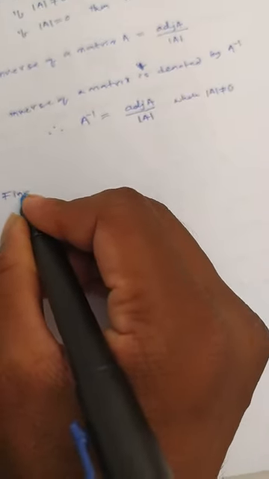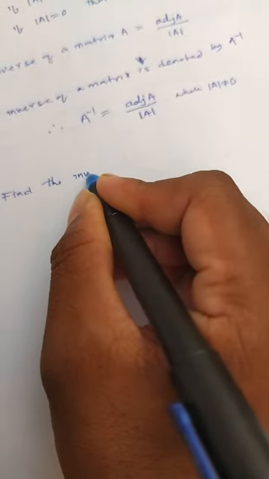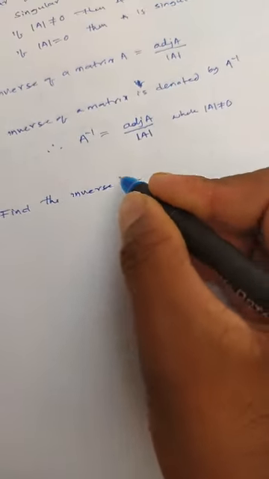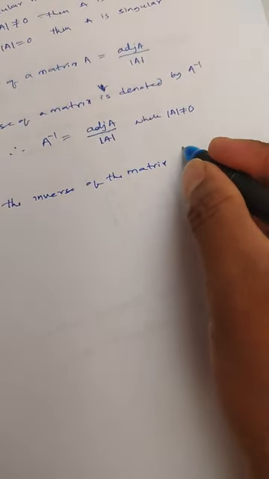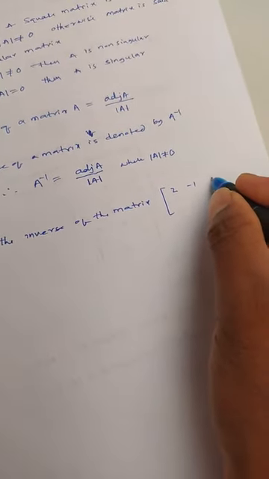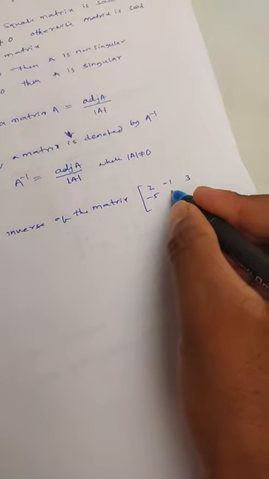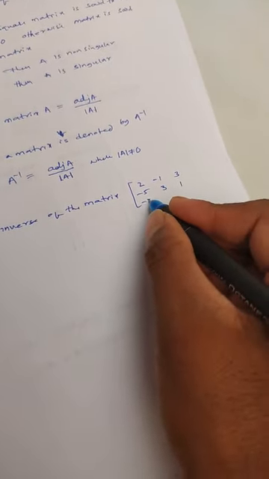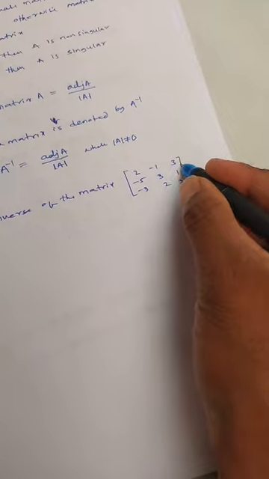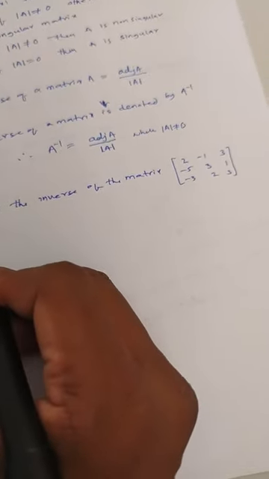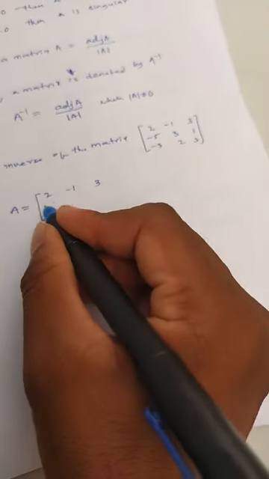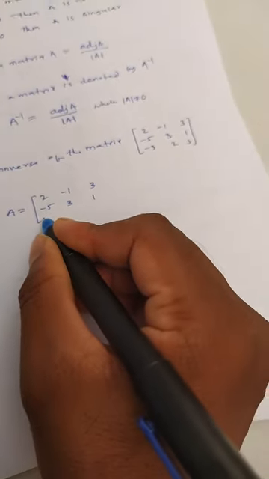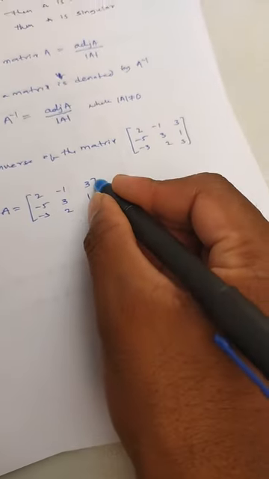Find the inverse of the matrix [2 -1 3; -5 3 1; -3 2 3]. So we are going to find the inverse of this matrix. Let me take this matrix as capital A. Capital A is the given matrix.